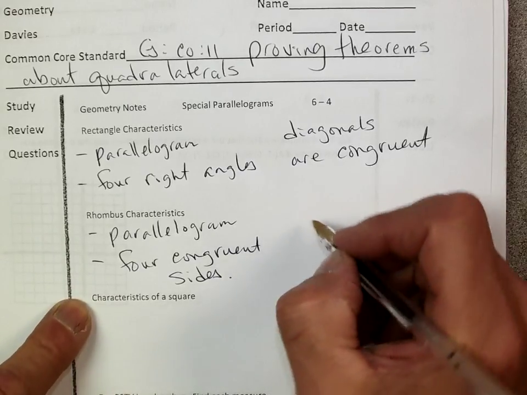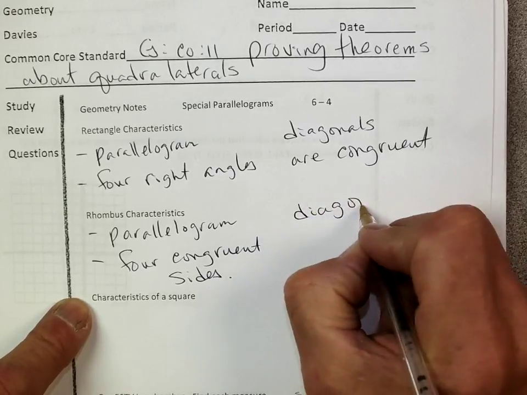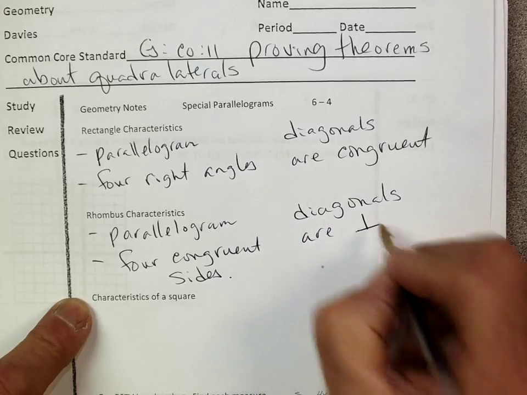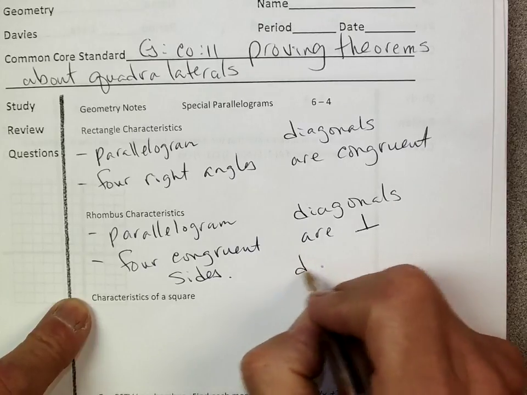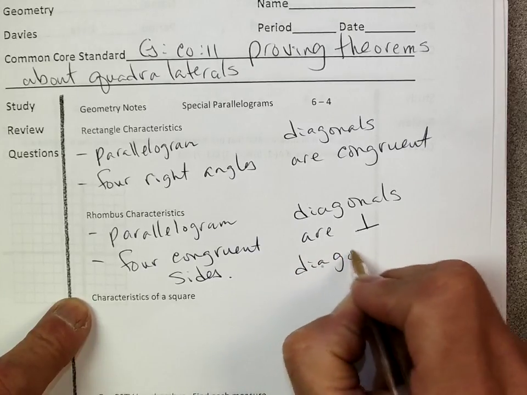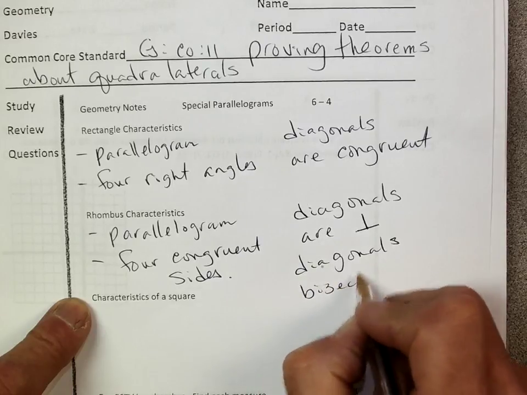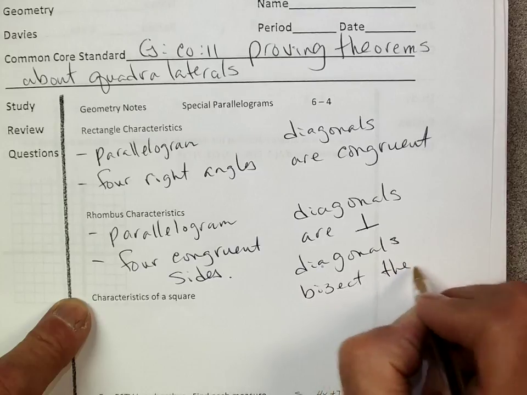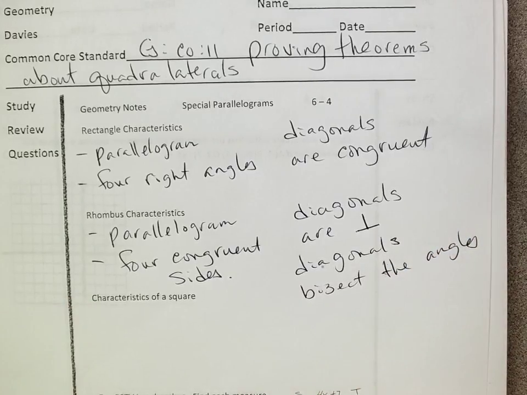We also know that diagonals are perpendicular, and we also know that diagonals bisect the angles, okay?